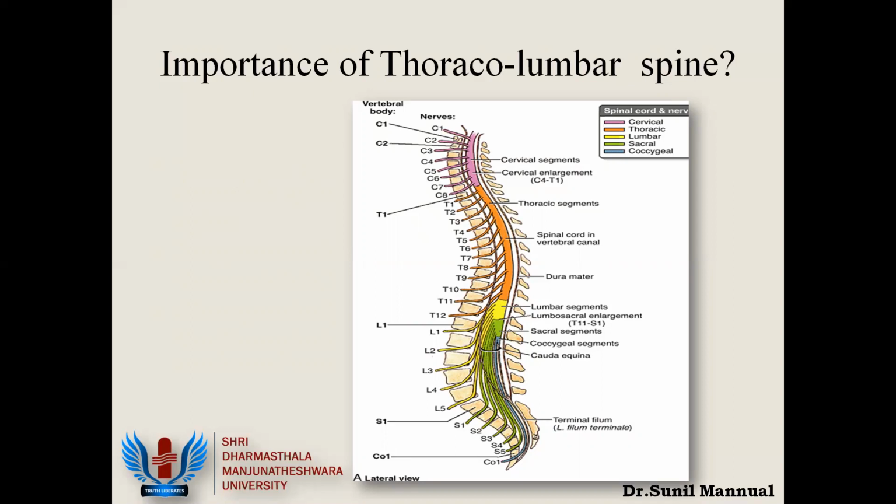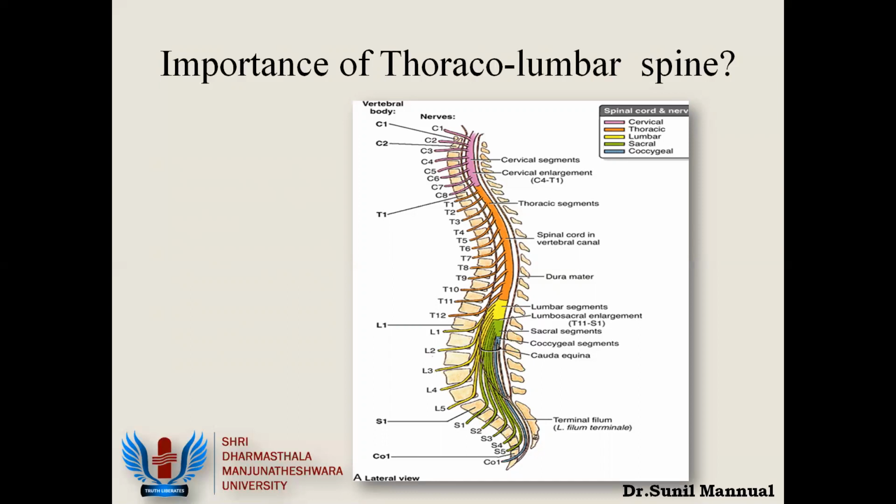And you can see that there's an intimate connection between T11, T12 and L1, because the spinal cord ends at L1. Beyond L1, what we have is the nerve roots, or the cauda equina. So if we have damage to the vertebra at L2 onwards, the secondary damage is not going to be on the spinal cord substance.